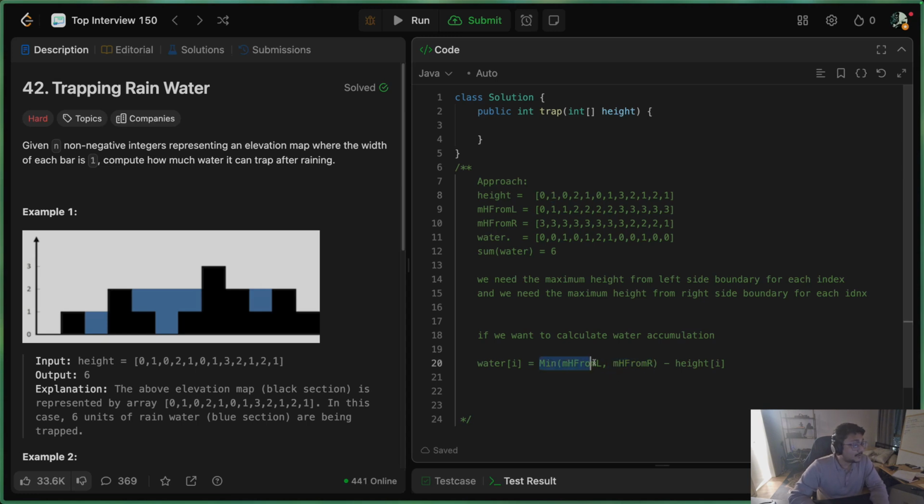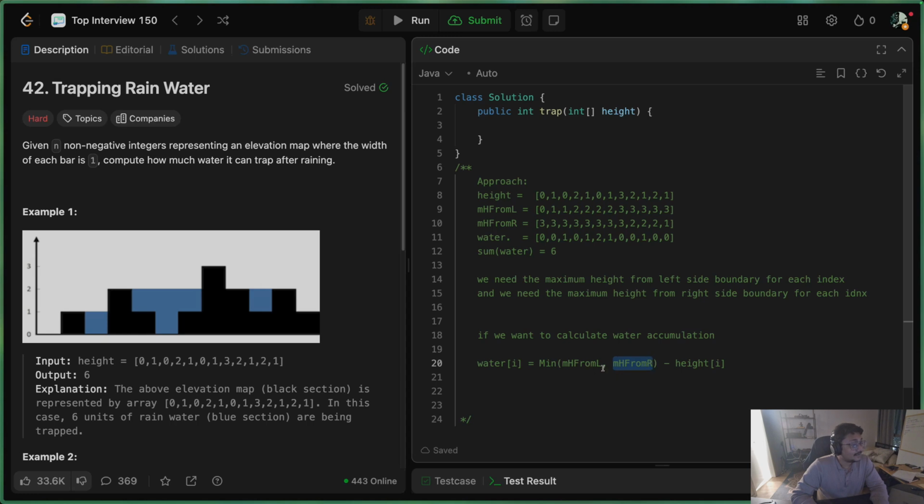So in this formula, if we are calculating the water accumulation at a current index and we know the max height from left, then we don't have to wait for the max height from right, because if the max height from right was already greater than the max height from left, then we don't care about that value.